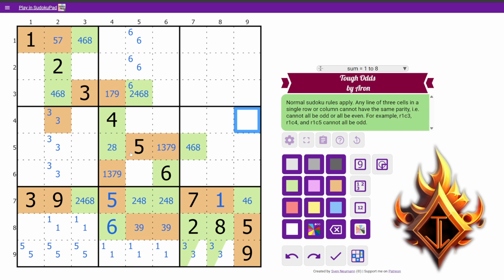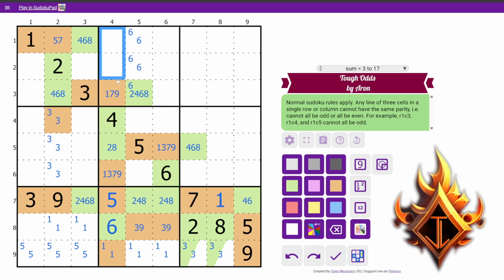This only gets 1 more even somewhere. What's in this row? This one only gets 1 more even. So the even can't be here, or else both of these would be odd. So this one must be odd. And then one of these will be even.